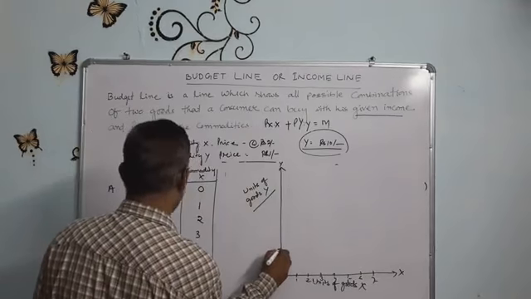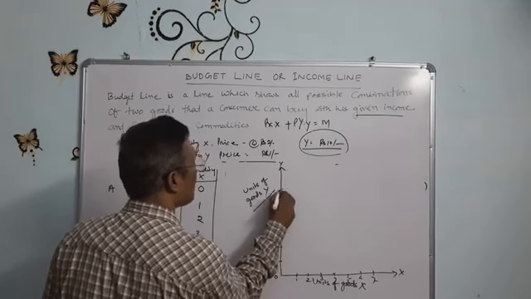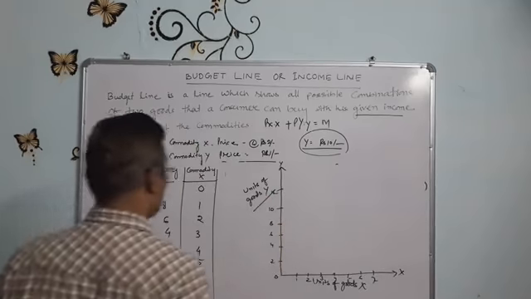And 2, 4, 6, 8, 10, 12, like this, units of goods.